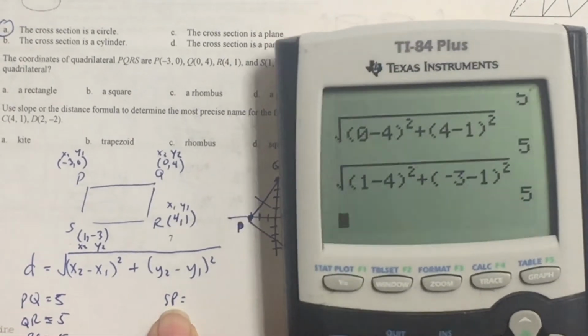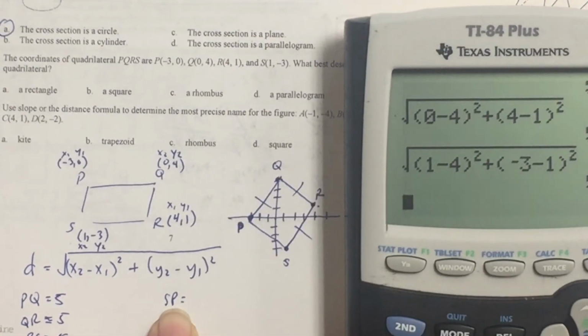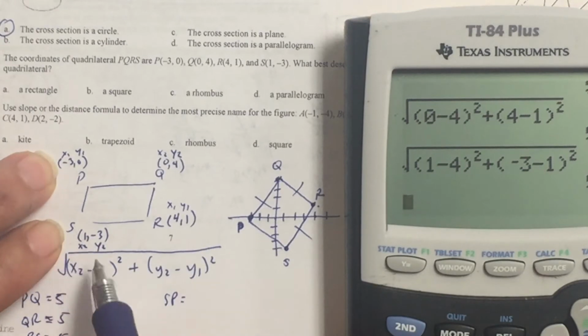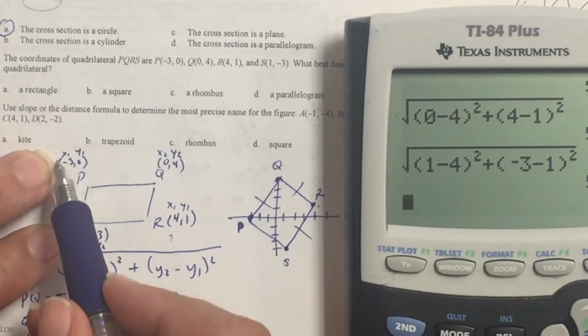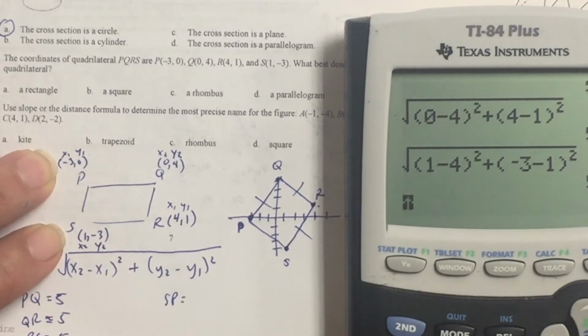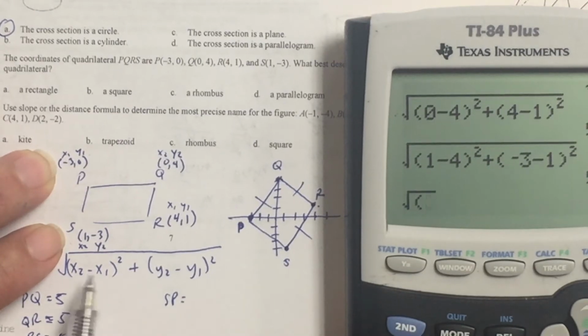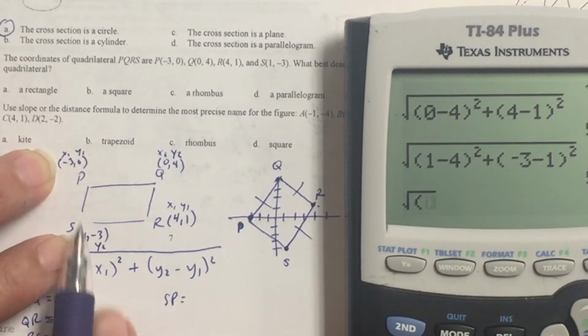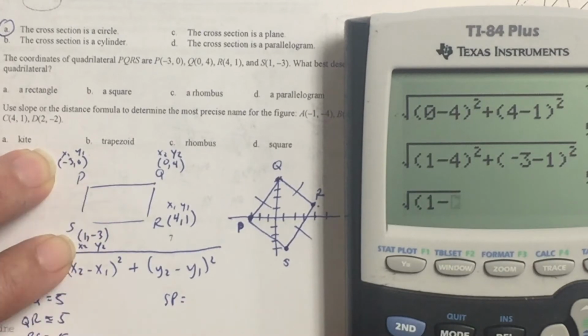All right, then SP, or rhombus, actually, a square or rhombus. We have to check. SP. Oh, look, it's labeled, okay, X2, Y2. So square root of X2, 1 minus negative 3.